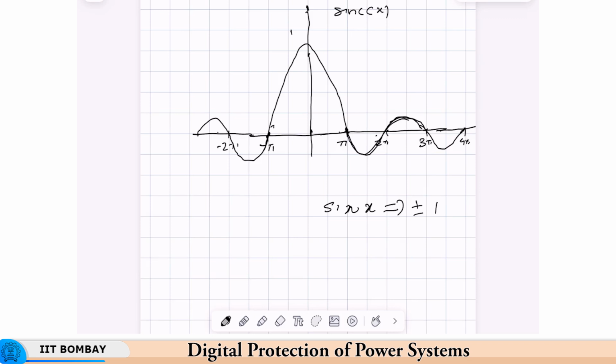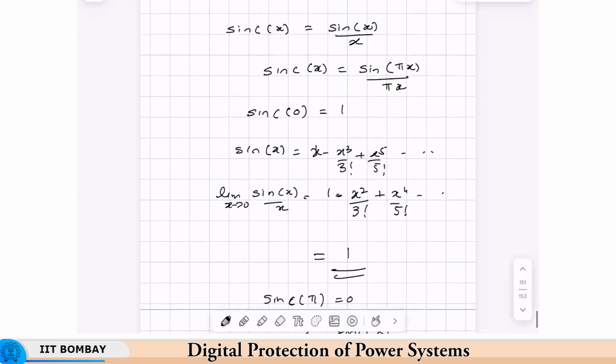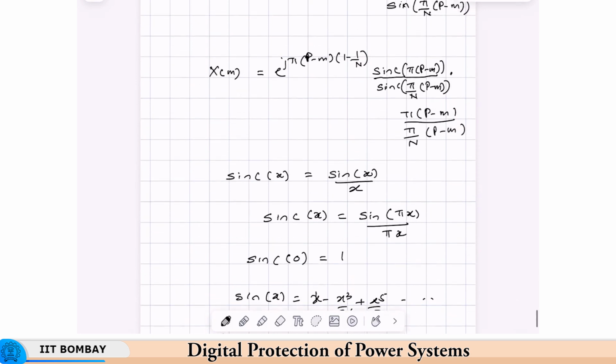Okay. So, we will continue with this. What does the simplified X of m look like? This portion will cancel with this portion, n will go up.